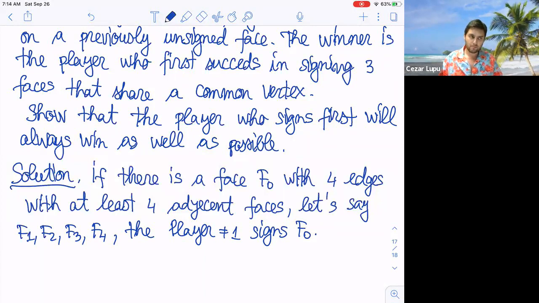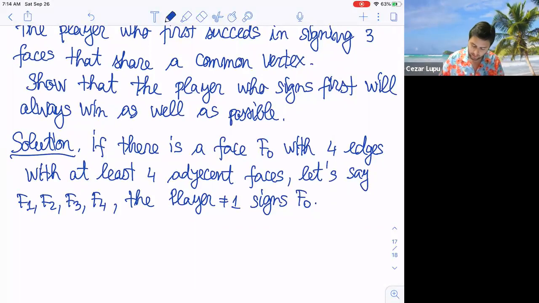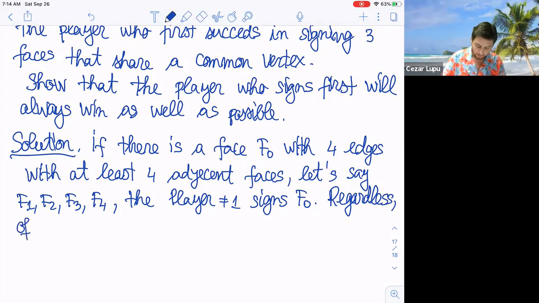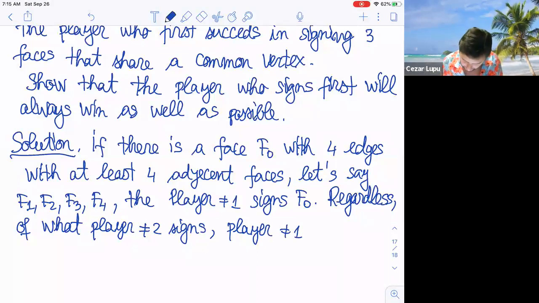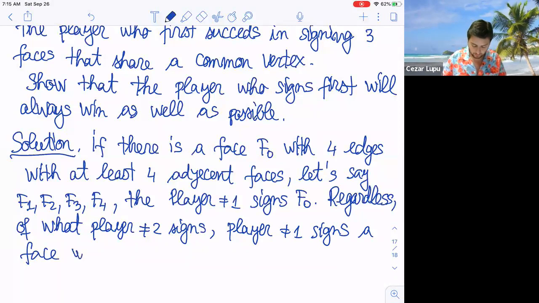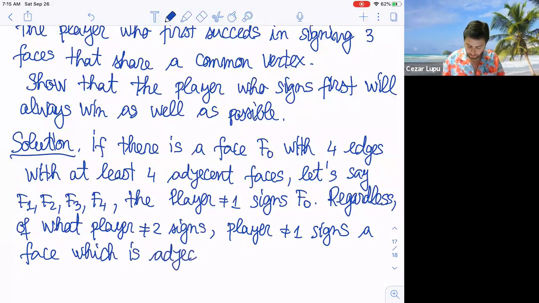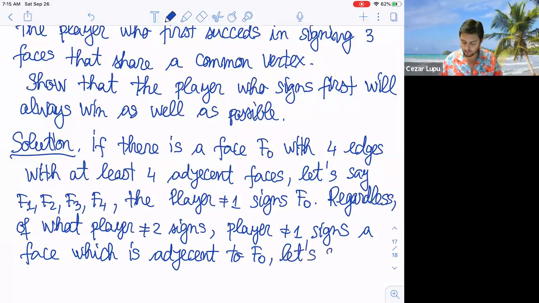So now it's quite clear that regardless of where player number 2 signs, player number 1 will sign a face adjacent to F0, and let's say F3.